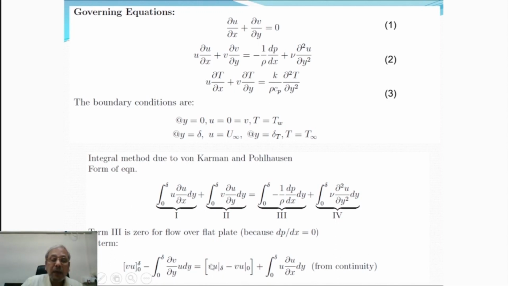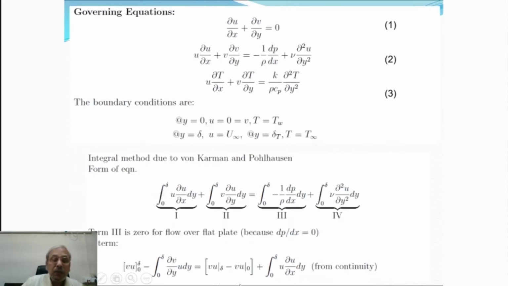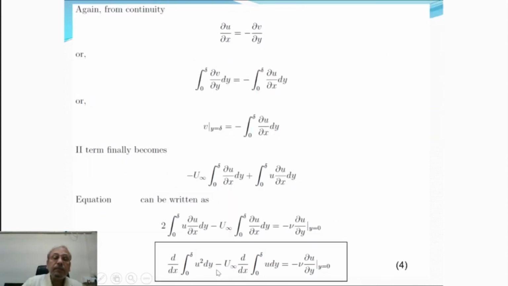Here, when we evaluate this, v at y equal to delta is given by this expression, and u at y equal to delta is u infinity.